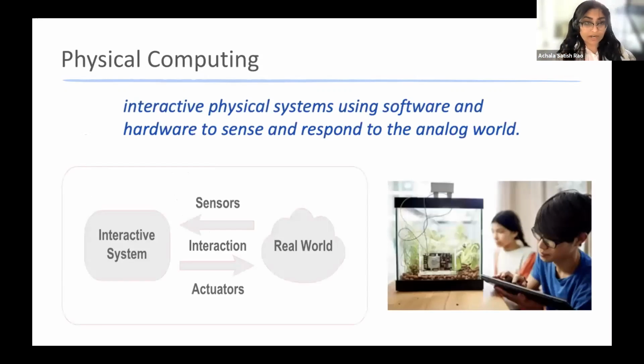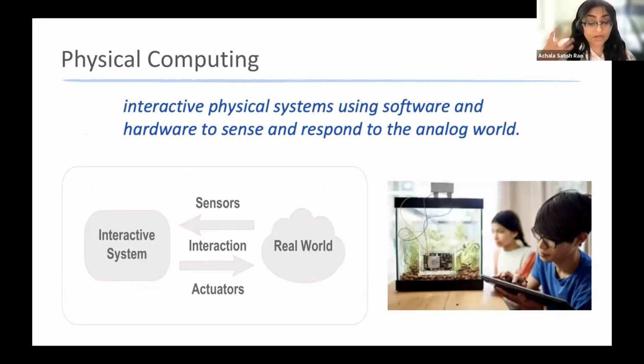So physical computing. Physical computing is basically interactive physical systems using software and hardware. If you look at this picture on the right-hand side of the screen, there's a terrarium that's being controlled by the Arduino, and there's a fan built in, a temperature sensor. And so this is an example of a physical system, right?